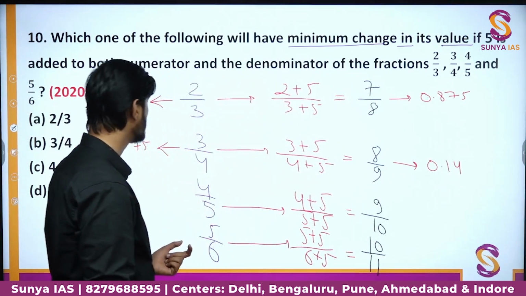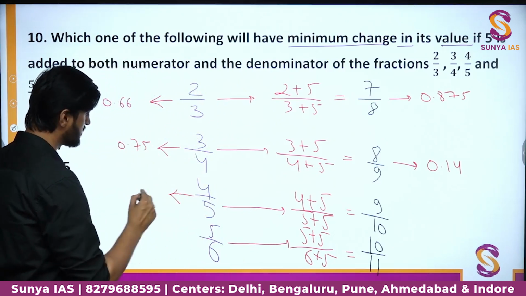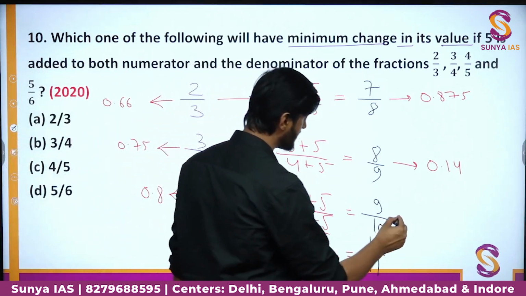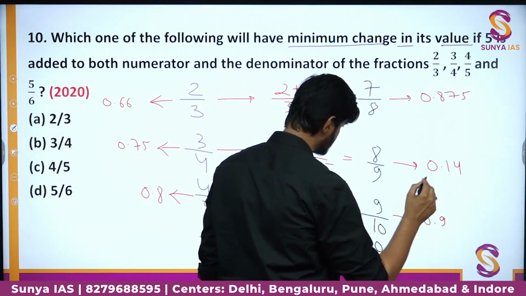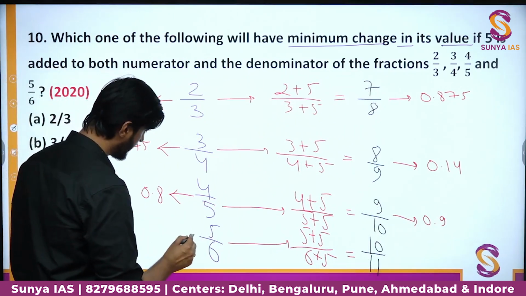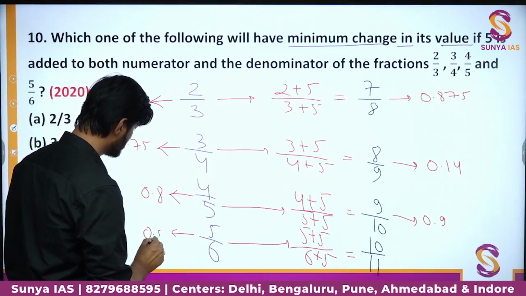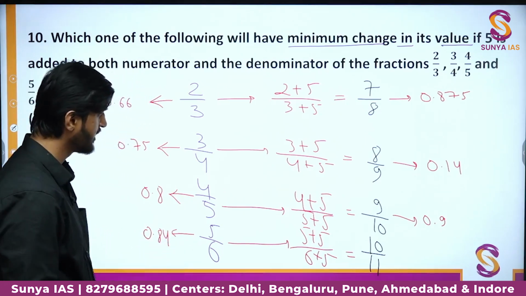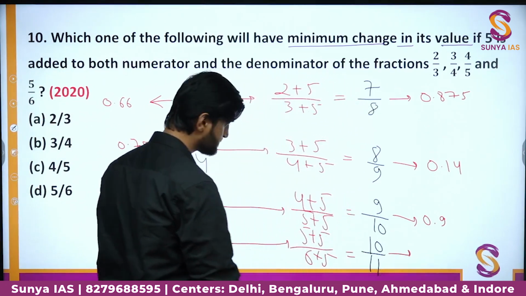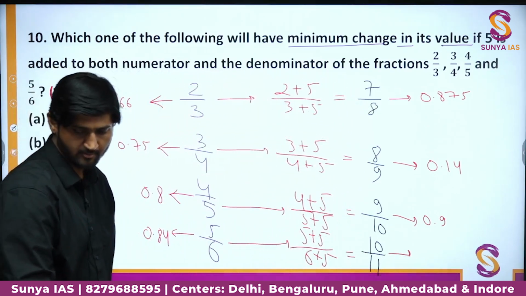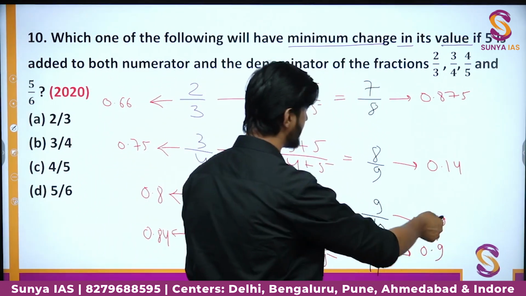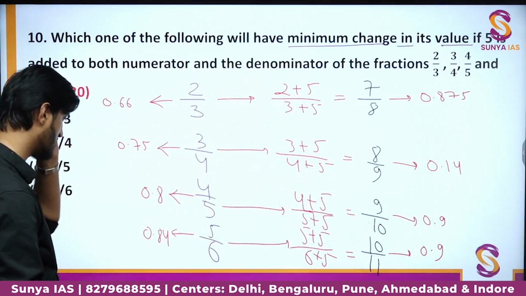When we take this value 4 by 5, it is nothing but 0.8, and this value 9 by 10 is nothing but 0.9. Here we can say the value of 5 by 6 is actually around 0.84. So, you have to just divide, and here you will get 10 by 11, that would be simply how much? It will be 0.9 in value, roughly 0.9, not exactly 0.9, but we have to just see the change in value.